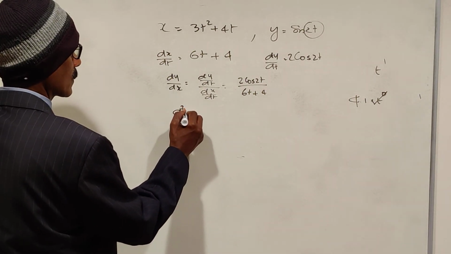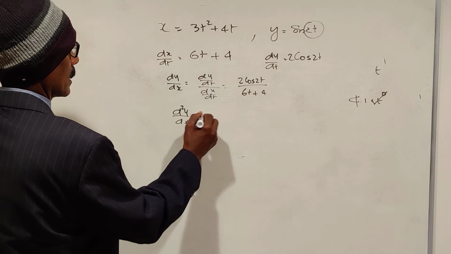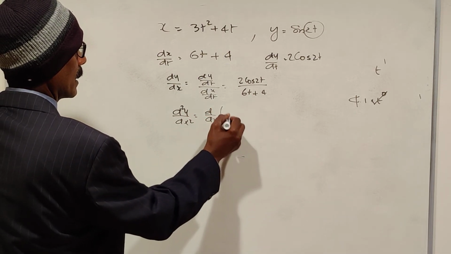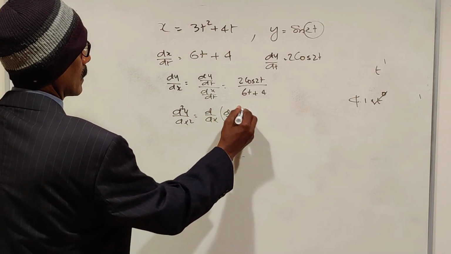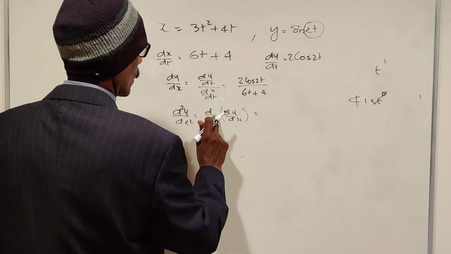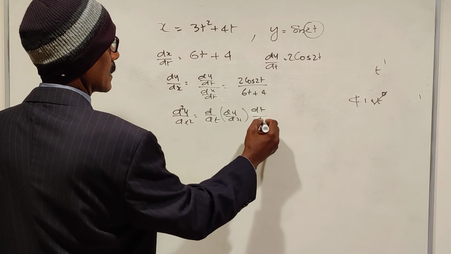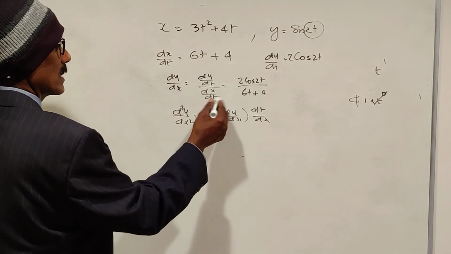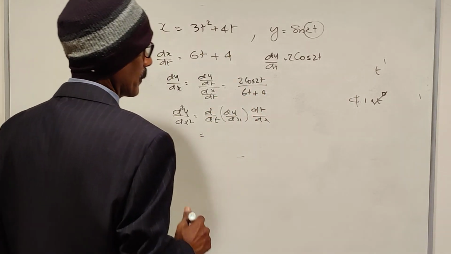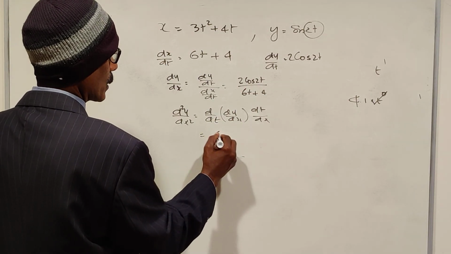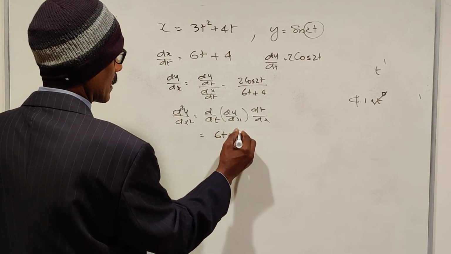D square y by dx square is what? D by dx of dy by dx, that is d by dt of dy by dx times dt by dx, right? So what is the derivative of this one with respect to t? 6t plus 4. There are 2 terms, put the bracket.